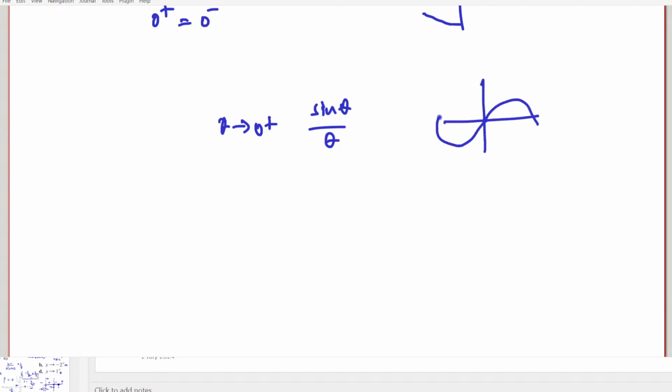It goes like this. When theta is very close to 0 and positive, sine theta is positive. When theta is very close to 0 and less than 0, it is negative. When theta tends to 0 minus, it's actually equal to minus sine theta by theta. So one side it is giving 1, another side it is giving minus 1. Agreed?